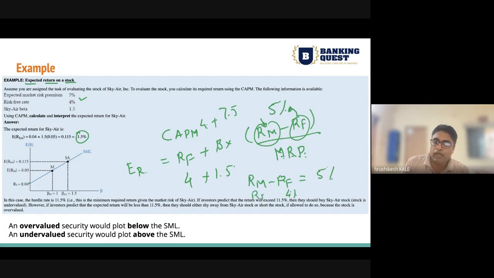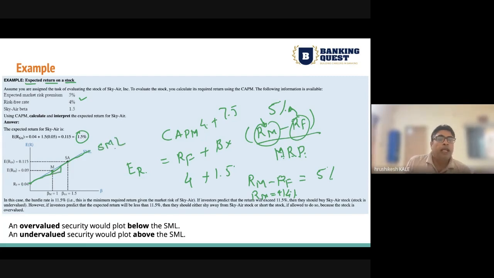So return of market will be 9%. Basically, you have a risk-free rate at 4% and a return of market at 9%. You draw a line. Exactly. That line is called the security market line. The slope of this line will be beta, which is equal to 1.5.